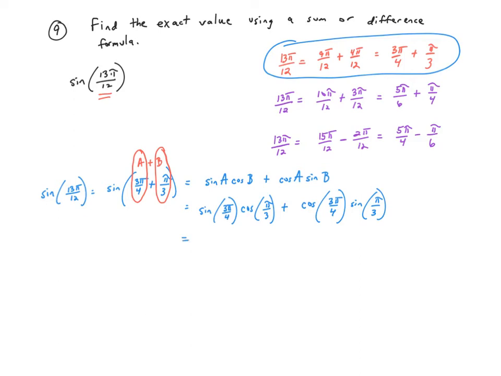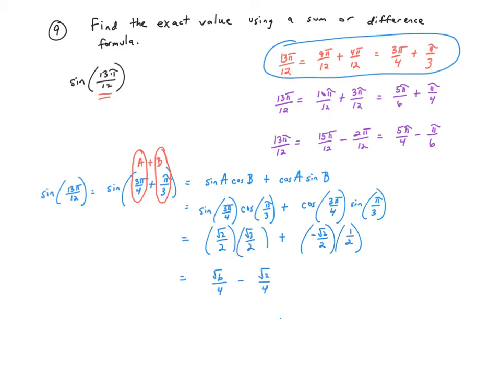Now we will use our unit circles to evaluate. The sine of 3 pi over 4 is root 2 over 2. Cosine of pi over 3 is root 3 over 2. The cosine of 3 pi over 4 is negative root 2 over 2. And the sine of pi over 3 is 1/2.